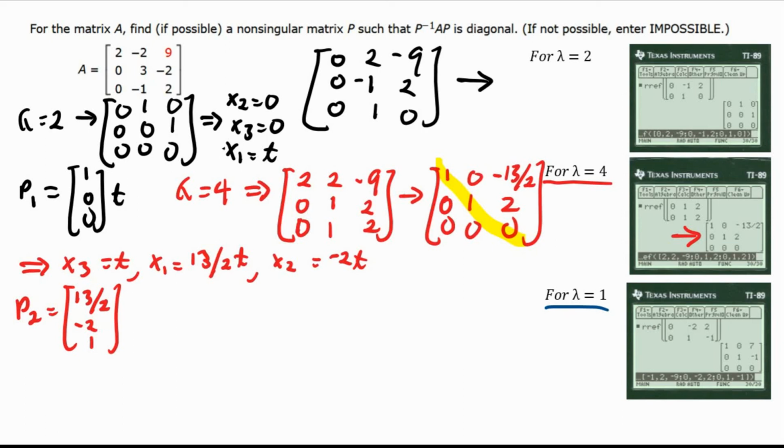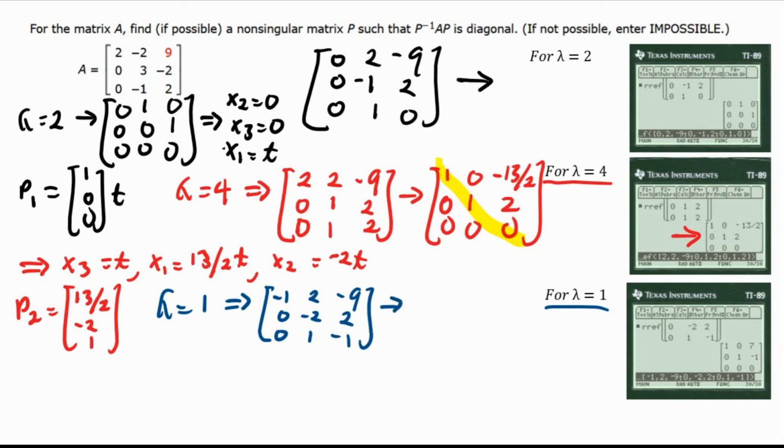Okay, so for lambda equal to 1, you recall that the matrix that we got was -1, 0, 0, 2, -2, 1, -9, 2, and -1.